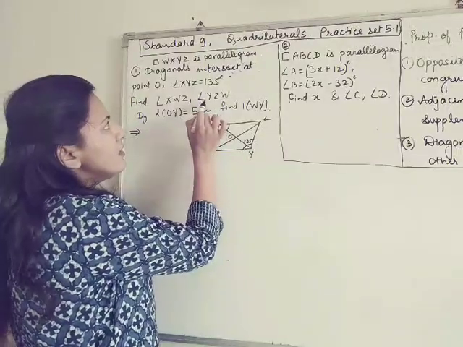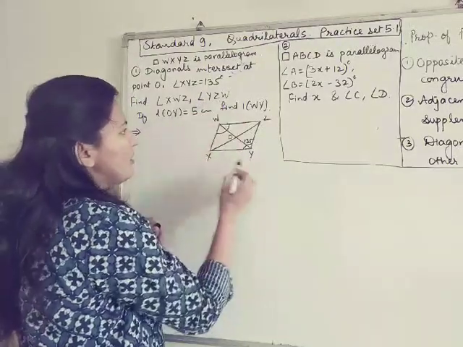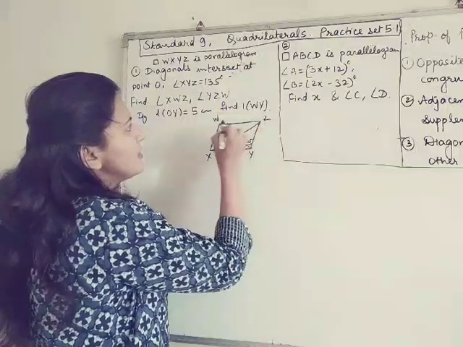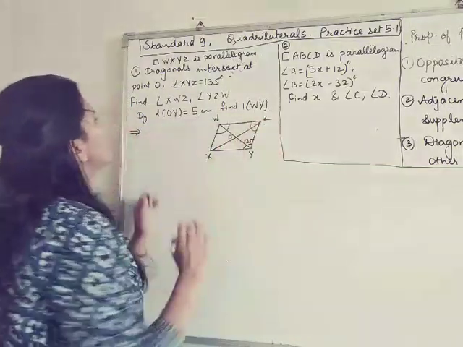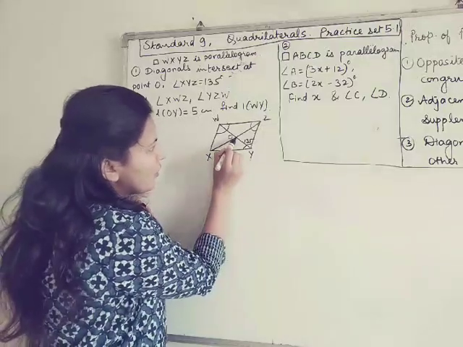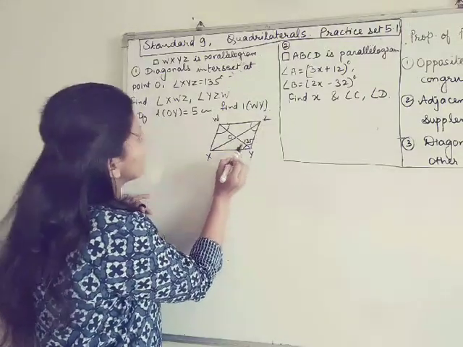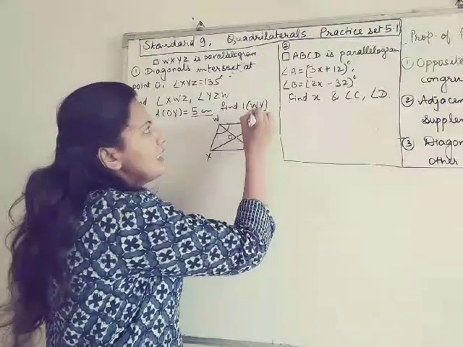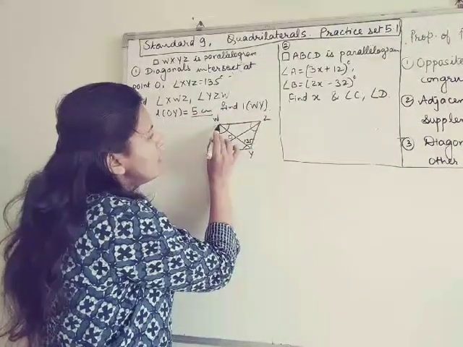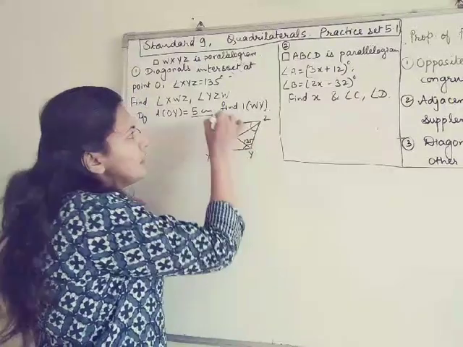Find angle YZW. The length of OY, O to Y, is 5 cm. Find the length of WY, the entire diagonal.